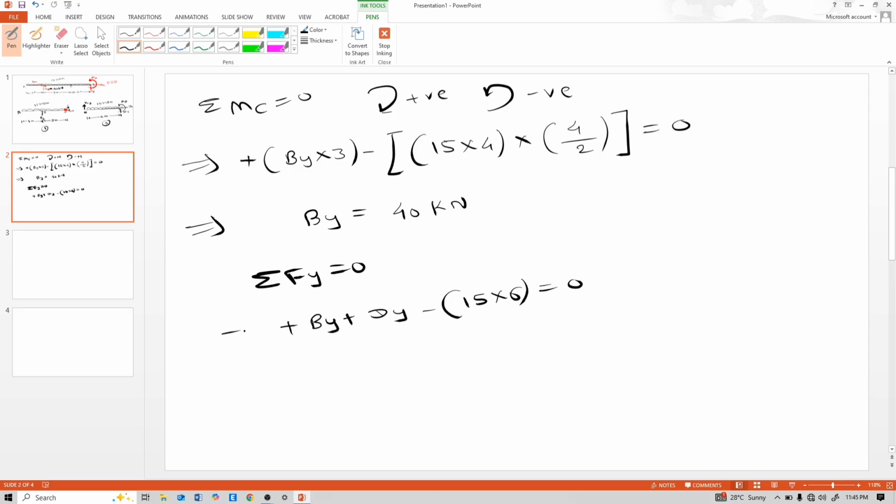By is 40, positive 40, positive Dy minus 15 into 6 is 90, equal to 0. So Dy equal to 40 minus 90, so 50 kilonewton.